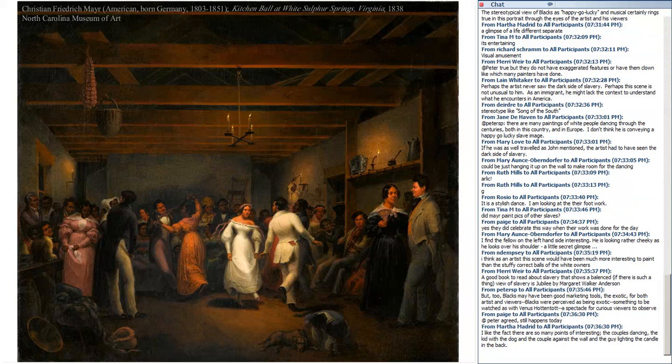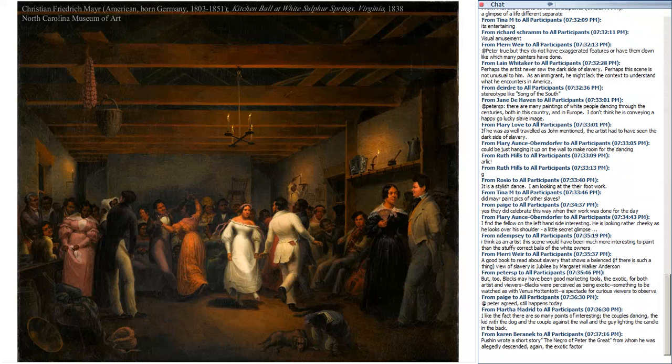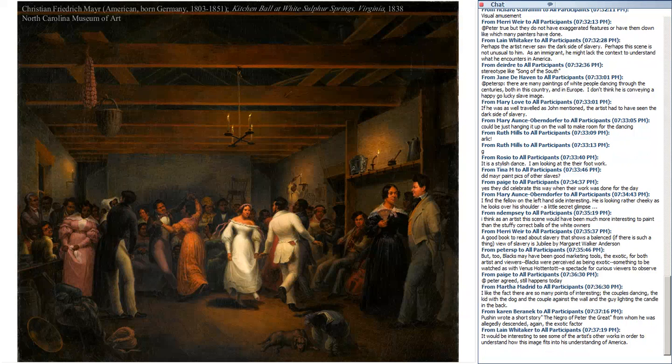Did he paint any other pictures of slaves? Well, that's interesting. When this was shown in 1845 at the National Academy, he also showed a picture called Juba in the Kitchen in White Sulphur Springs, and Juba is an African dance, so there's a question: was he really seeing this as a pair?